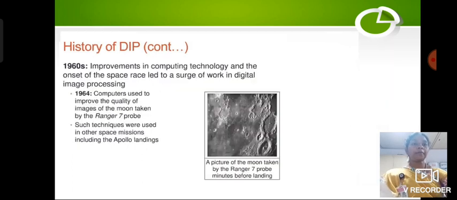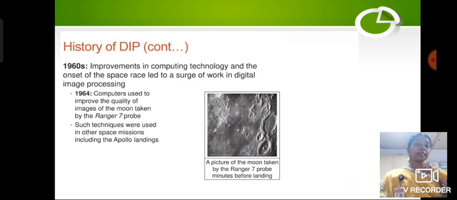Before that, in the 1960s, they took some images from the sky, that is from space. You can see the improvement in computer technology, and the onset of the space race led to a surge of work in digital image processing.